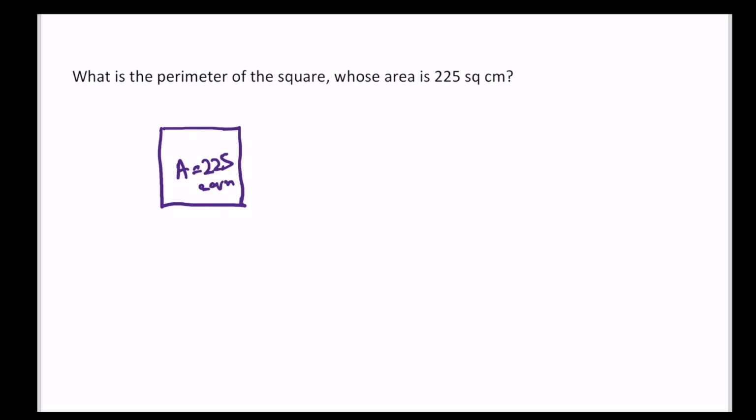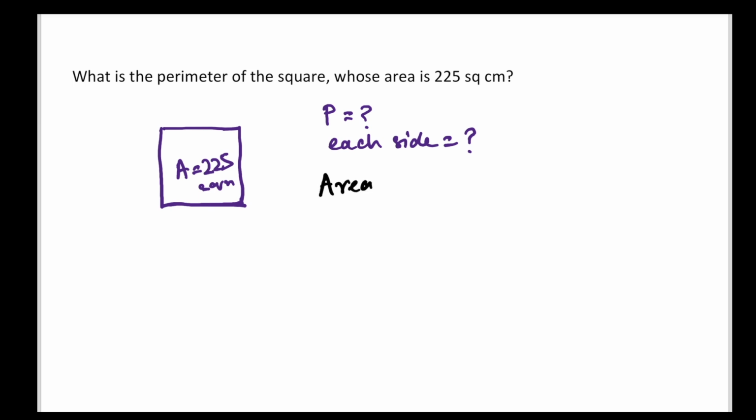We need to find the perimeter. To find the perimeter, the first thing we need to know is the measurement of each side of the square. Let's recall the formula of area.